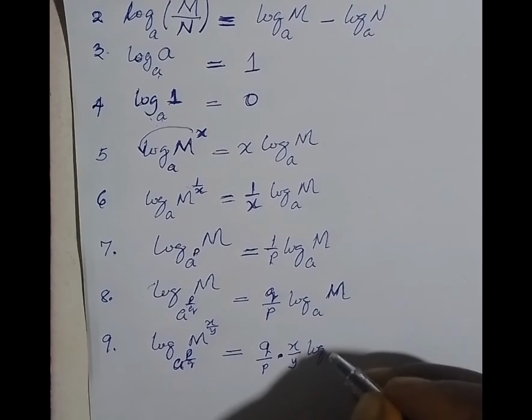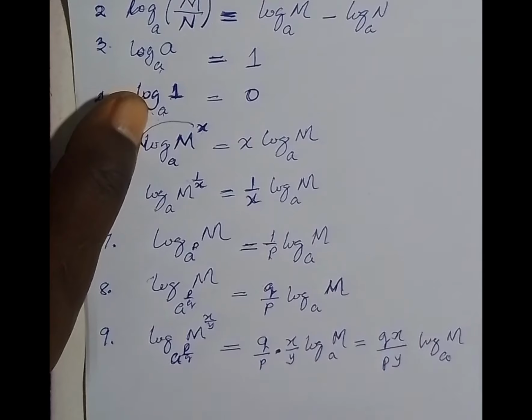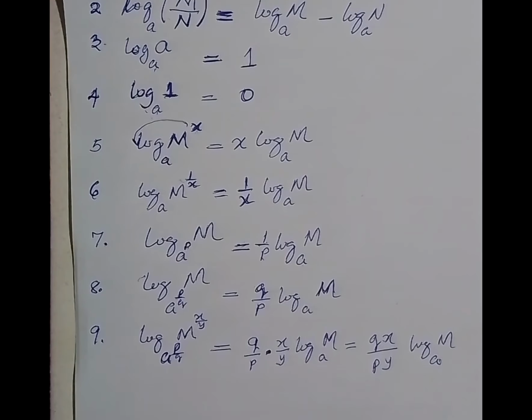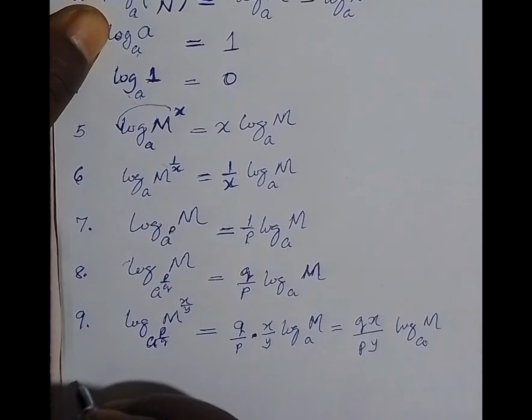Then you have log m base a. So this will further give us qx over py log m base a. So that is for law 9.